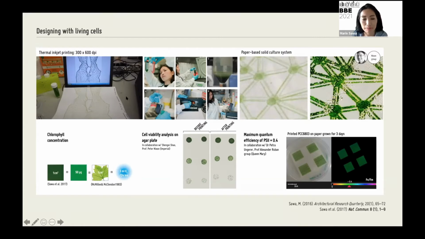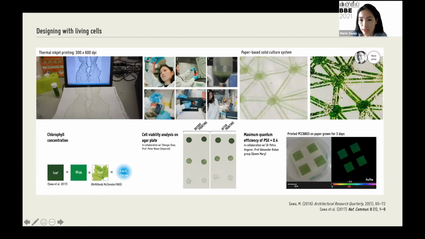The characterization of this method has been successfully done, and printed cells show very good cell viability. To be precise, 98% of printed cells are viable.